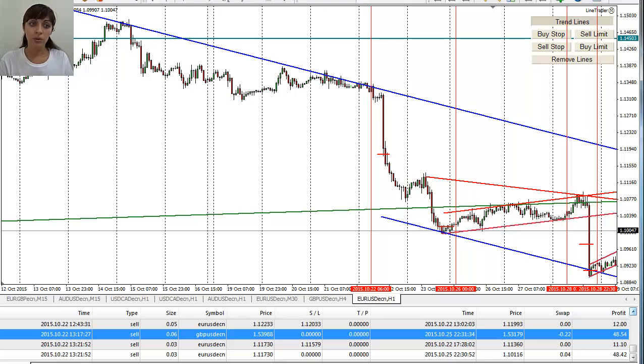So it's always using the Fibonacci lines and levels just as support or resistance. And I think if you learn how to do something like this, it is going to help you to trade successfully, let's say.